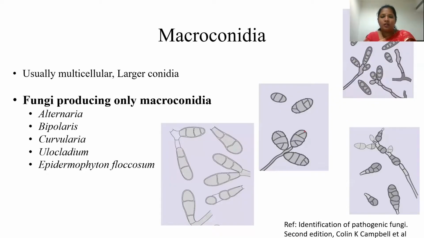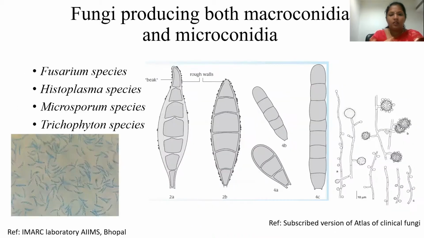We should know about the structures macroconidia and microconidia. Macroconidia are usually large multicellular conidia. There are some fungi which produce only macroconidia, like Alternaria, Bipolaris, Curvularia, Exserohilum, Epidermophyton floccosum. And some fungi will produce both macro and microconidia.